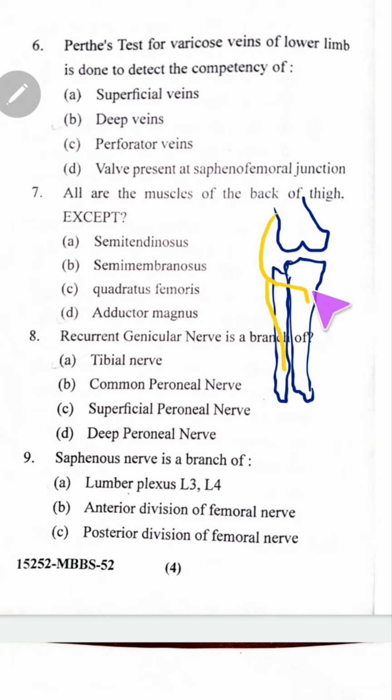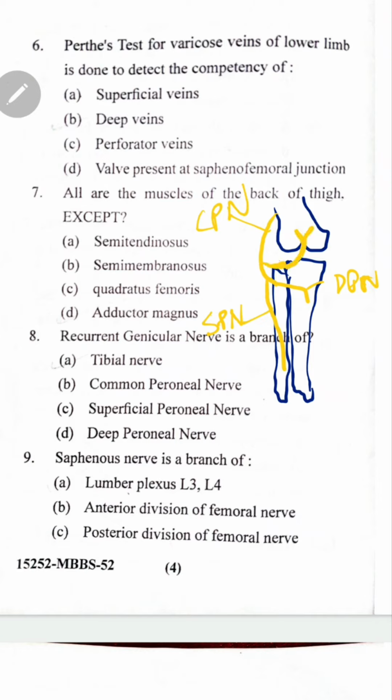The deep peroneal nerve is for the front of the leg, and the superficial peroneal nerve is for the lateral compartment, and this one is the common peroneal nerve. The important thing is that before terminally dividing, the common peroneal nerve gives out its last branch.